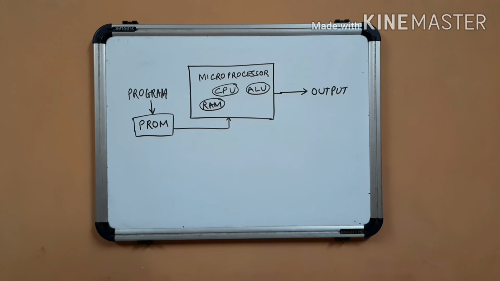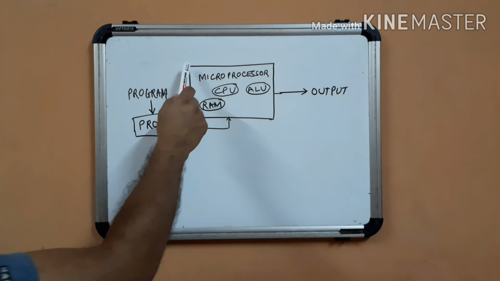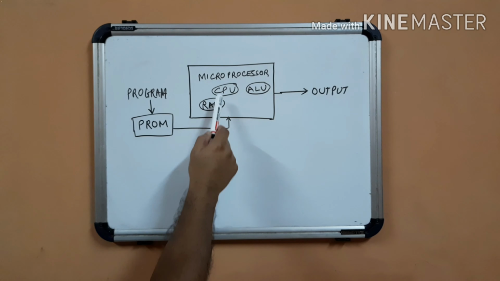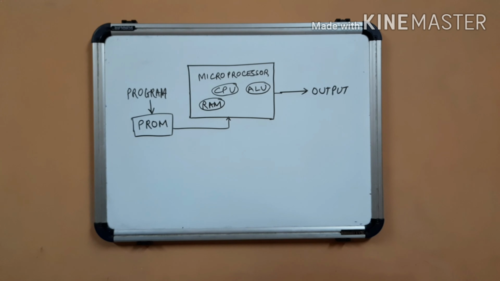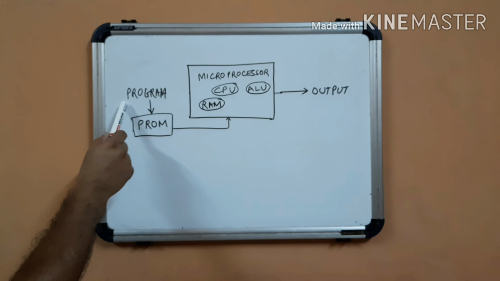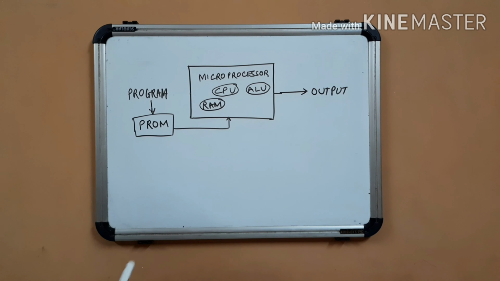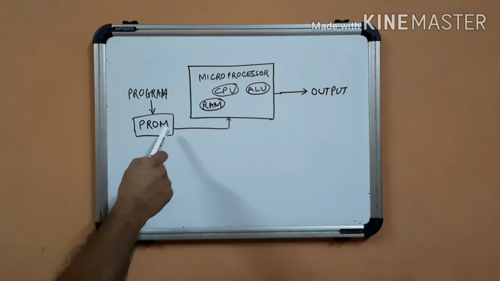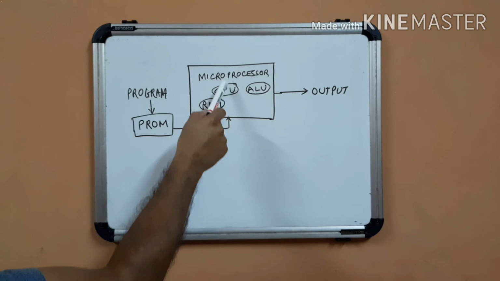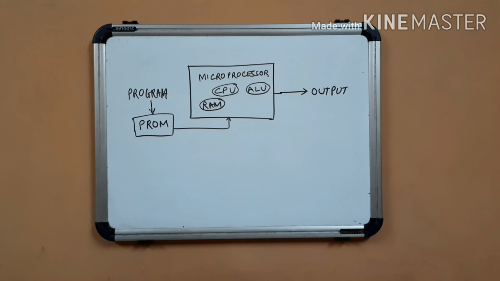So with a slight change in design, we had the microprocessor, which had a CPU, a think box, an ALU, basically a math box, and some RAM. Now we would put this program inside the PROM or programmable ROM, and this ROM is to instruct the microprocessor to give a certain output. So this was the logic.